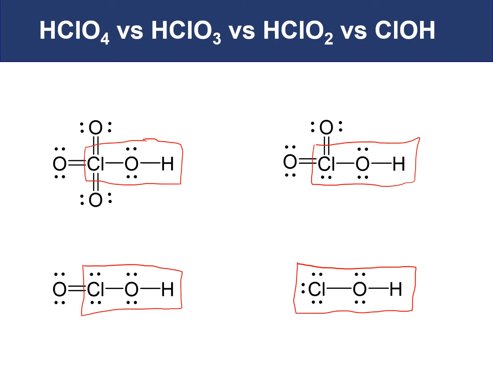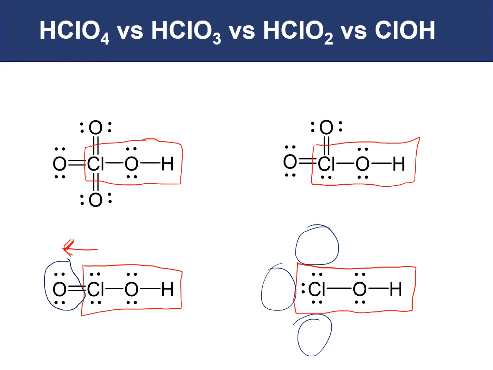In the case of hypochlorous acid, there is nothing else around it. In the case of chlorous acid, you have an additional oxygen group that's bound to the chlorine. This oxygen group is going to be pulling electron density towards it. Right?